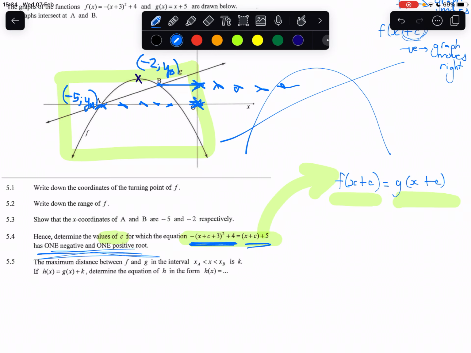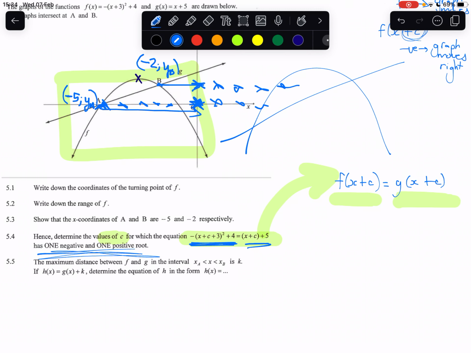We don't want A to now have an x-coordinate that's bigger than 0. So that happens when we've moved the setup by 5 units. Once we've moved this by 5 units, then A ends up over here, and anything more than 5 units is going to take A into the positives. Okay, so that kind of gives us our answer.